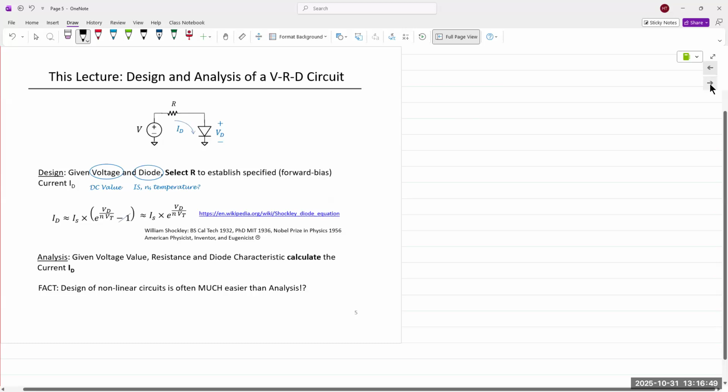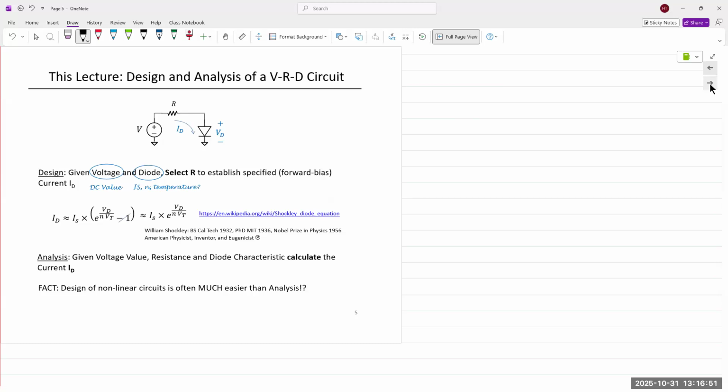What you're going to look at next is a VRD circuit. VRD stands for voltage, resistance, and diode. Essentially, it's the simplest form of a diode biasing circuit. You have a single diode, and you're applying voltage to it.